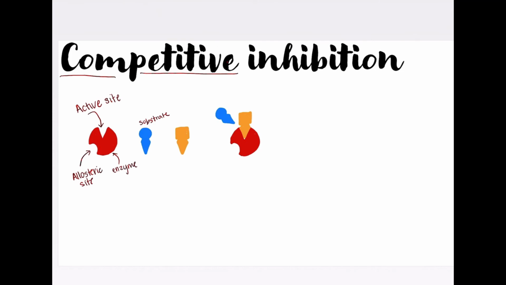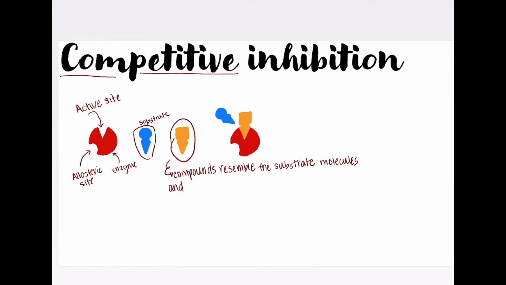In this type of inhibition, we have a competing compound which will resemble your substrate. This compound resembles the shape of the substrate molecule, so it has the ability to go in and compete with the substrates that are available in that environment. When it goes in and competes, it takes the spot that the substrate would have attached onto the enzyme.